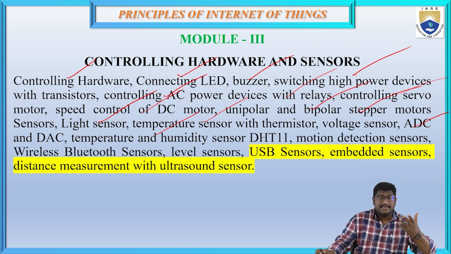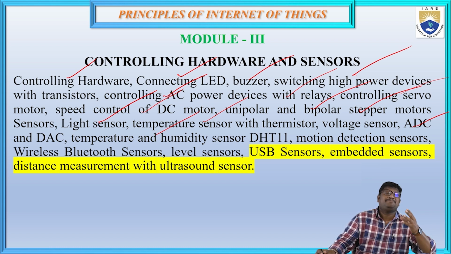To increase that range, we have to go for DHT22, and above that there are some sensors which, along with temperature and humidity, also give pressure. In an IoT system, we need to use them as per the requirement of the concerned user.